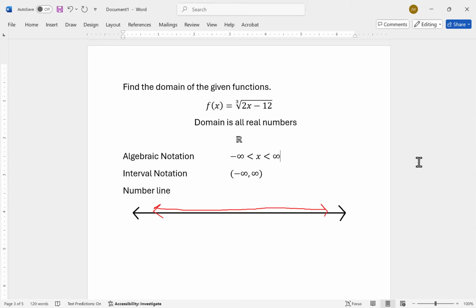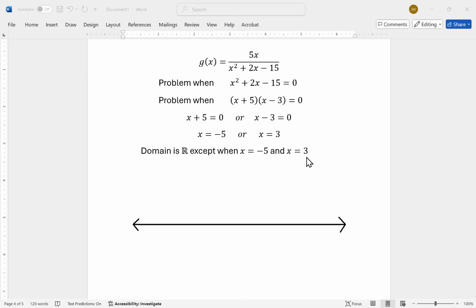Now, what if we have something else? What if, for instance, we look at this, where the domain was all real numbers except when x is equal to -5 and x is equal to 3. Now, algebraically, we can rewrite that.